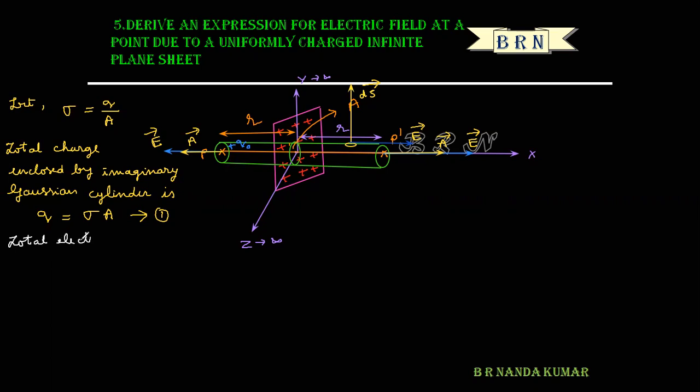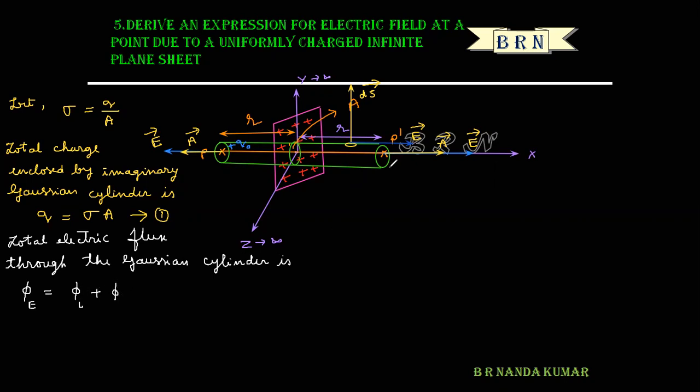The total electric flux through the Gaussian cylinder is equal to the flux linked with the left flat circular surface, plus the flux linked with the right flat circular surface, plus the flux linked with the curved surface, right?